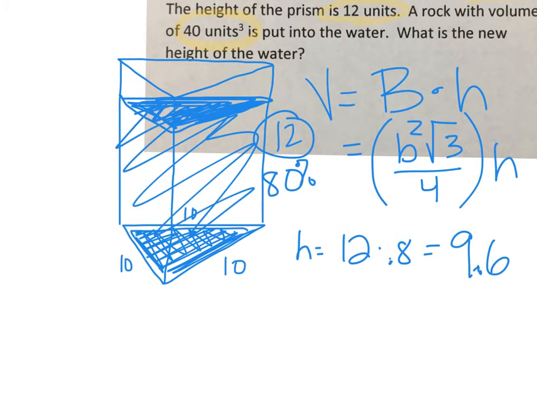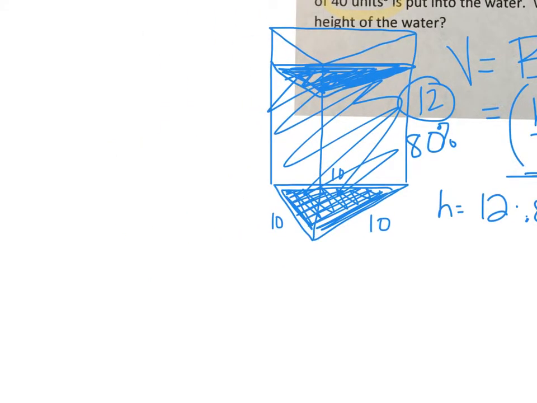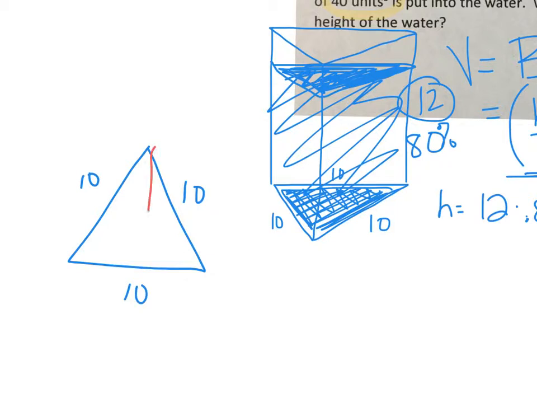Now we find this special formula by using special right triangles. If all of these sides are 10, 10, and 10, we can draw the height here. The height of an equilateral triangle bisects the base, so these are both 5 and 5. There's 60 here and 30 there.